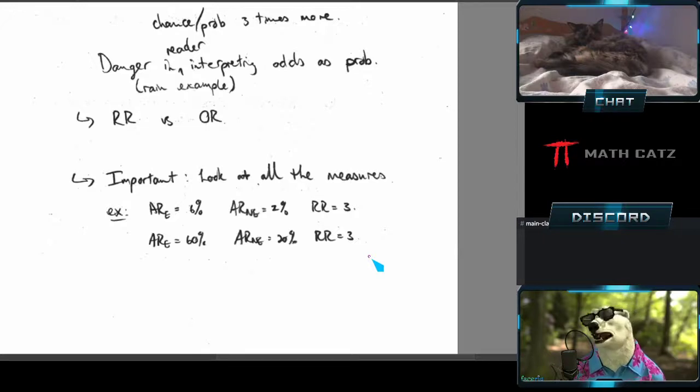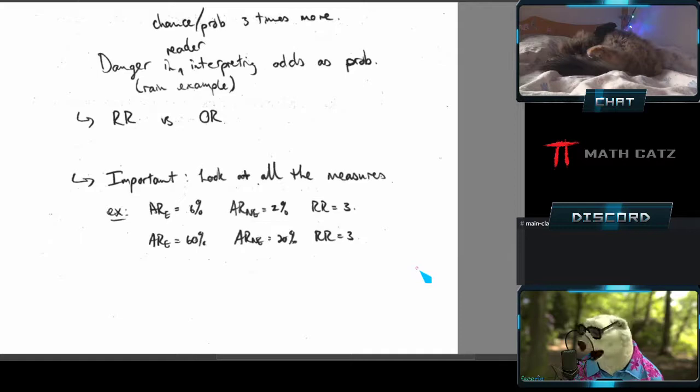It's in the name, relative risk. When those original percentages might have been so small, the relative risk being 3 isn't necessarily a terrible thing. Versus 60 to 20, that's a much bigger deal. That's a very big difference of 40 percentage points, right? In terms of the difference between the two. So I should always look at these measures in a big picture way and not just see one and sort of jump to conclusions potentially.